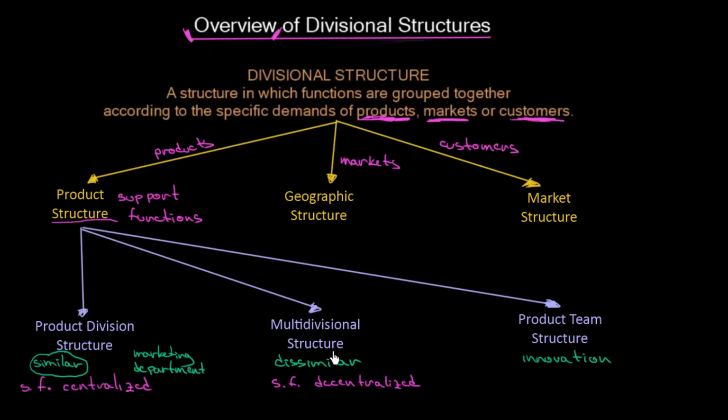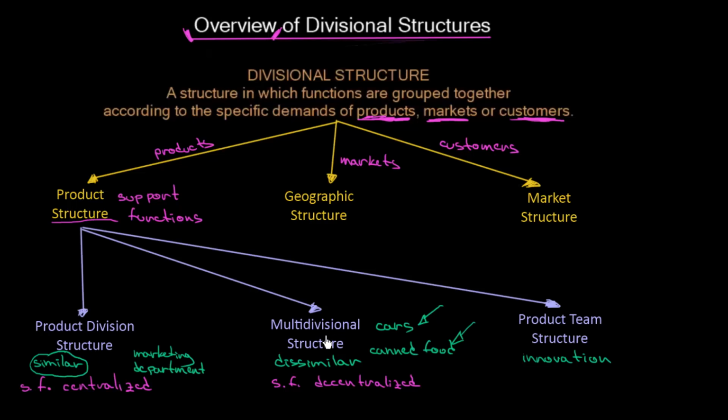On the other hand, if you have dissimilar products, let's say you are producing cars and you are producing canned food, these two products are very dissimilar, and you need a marketing department specialized for cars and a marketing department specialized for canned food. That's why the support functions decide whether you should adopt the product division structure or the multi-divisional.